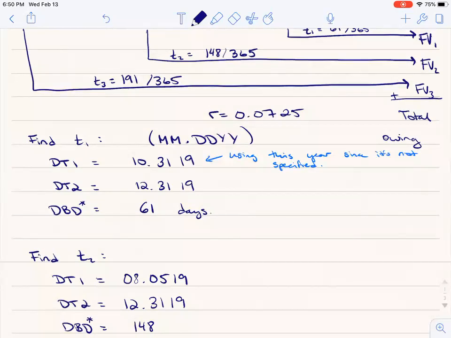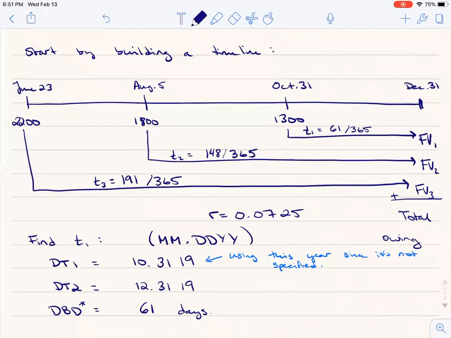So now what we're going to do is work through and calculate each of these individual future values, right? Because now we know the present value, the principal amount, P. We know T for each of them, and we know the rate stays the same for all of them. So now we're going to calculate each of these future values.